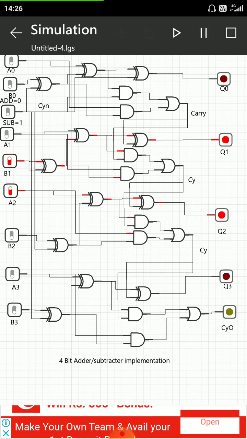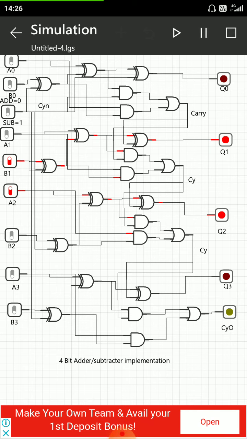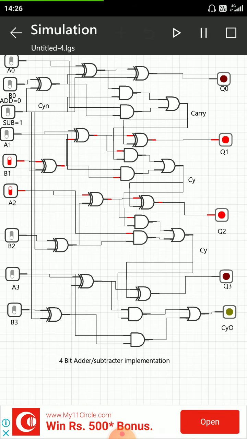And for subtraction, if we want to subtract 2 from 4, then we need to change the logic to subtraction 1. Just now you can observe the carry output is present there. What does it mean? It means our result is positive.